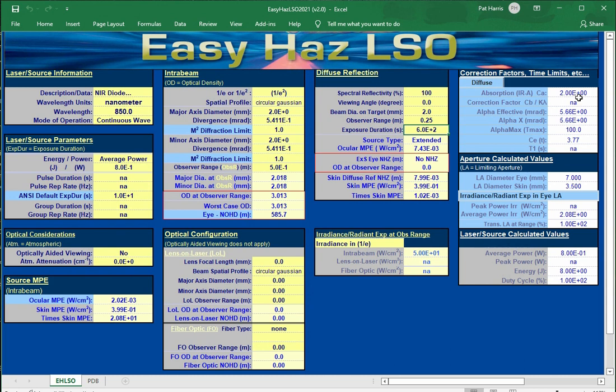If we take a look at C sub E, we don't really have C sub E of small t, which would be for a pulse duration. So it will be the same as for Tmax, which is 3.77, and that's the number being used to help correct the point source MPE to an extended source MPE.